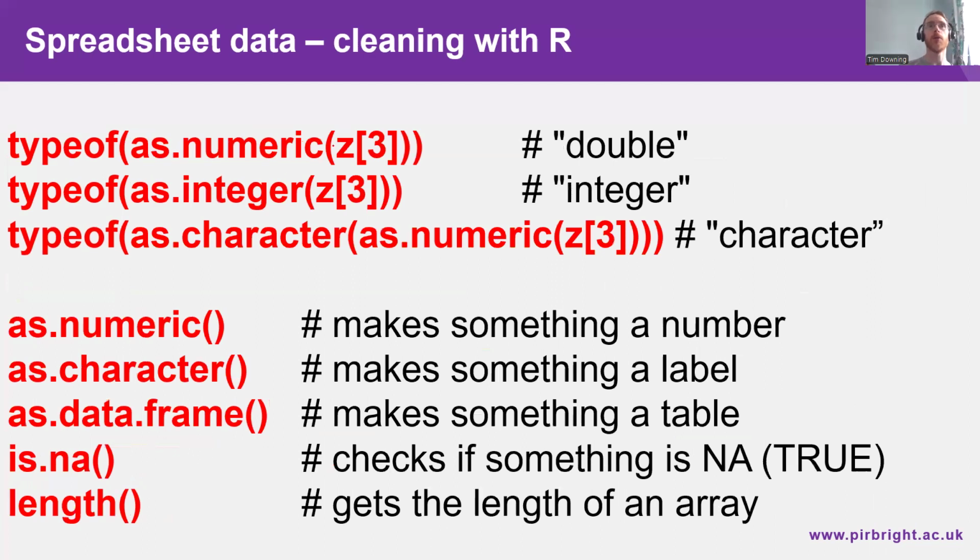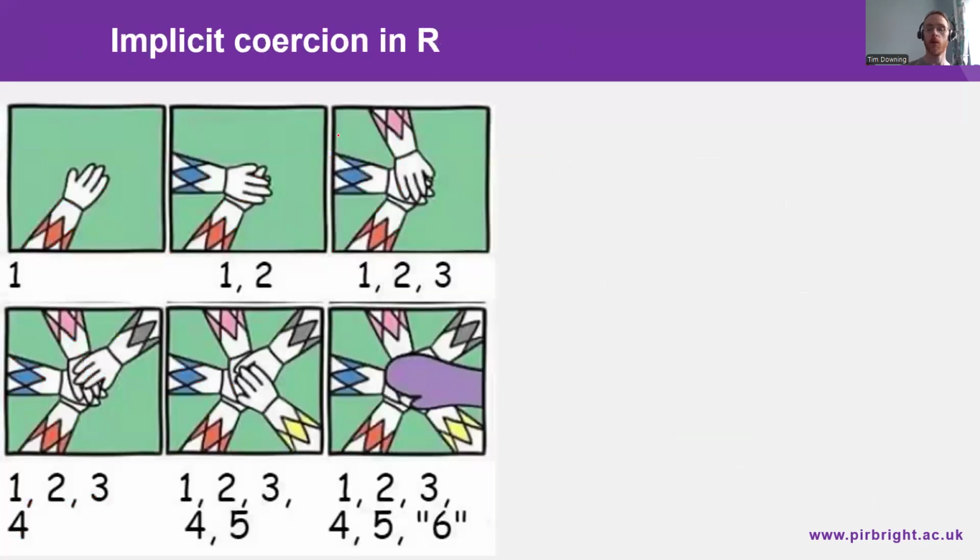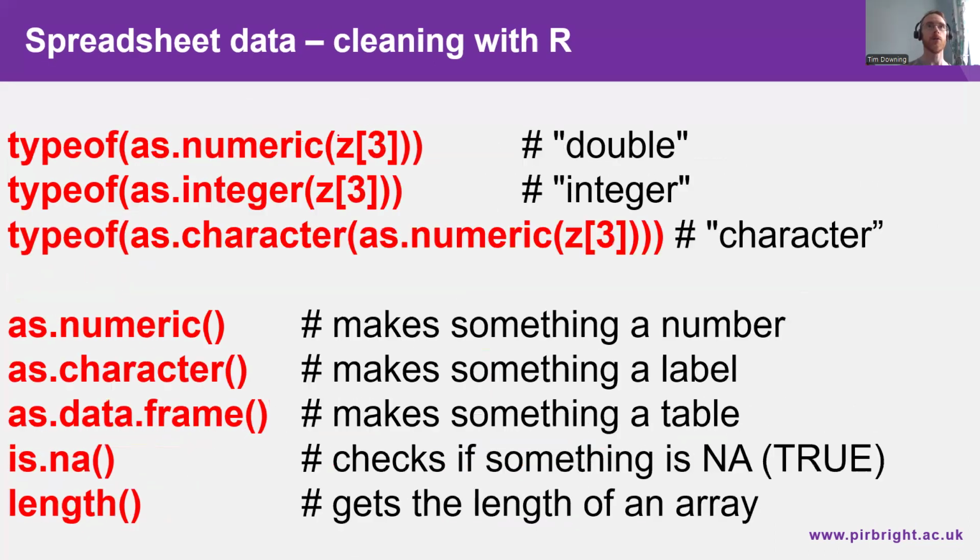If we get the type of Z element 3, which was 33, and convert it to numeric, that will return a number. Or we can convert it to an integer as well, and that will assign it as an integer. We can turn it back from numeric data into a character as well, and that will create it as a character.